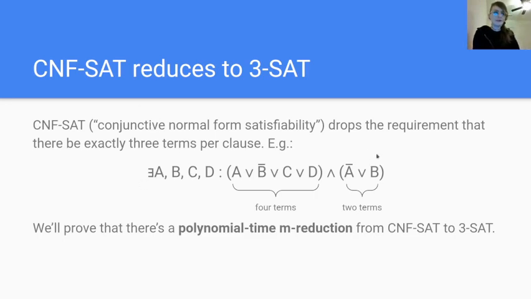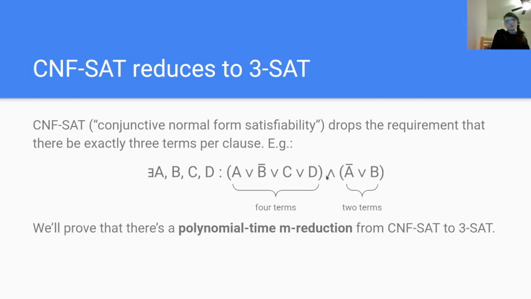So this is a problem in CNF SAT: does there exist some values for A, B, C, and D such that A is true, or B is not true, or C is true, or D is true, and A is not true, or B is true? Here we've got 4 terms in this conjunct, and 2 terms in this conjunct. So we've broken the rule twice. CNF SAT does not require you to have exactly 3 in each conjunct.